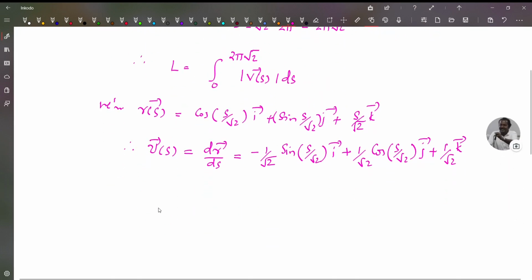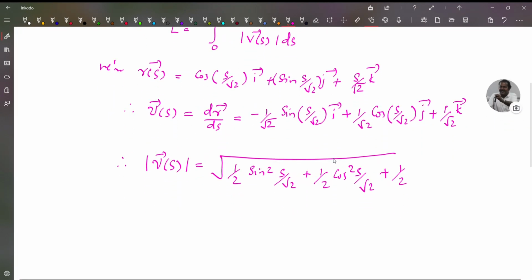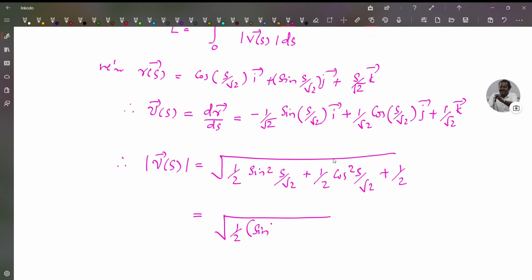Therefore, modulus of v of s is square root of 1 by 2 sin square s by root 2 plus 1 by 2 cos square s by root 2 plus 1 by 2, that is equal to square root of 1 by 2 into sin square s by root 2 plus cos square s by root 2, plus 1 by 2.